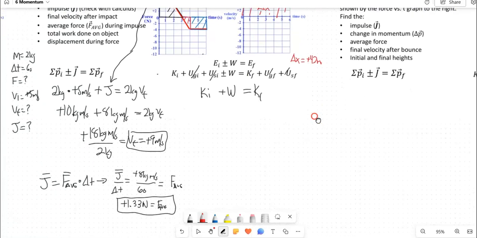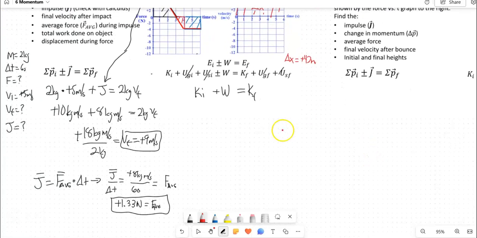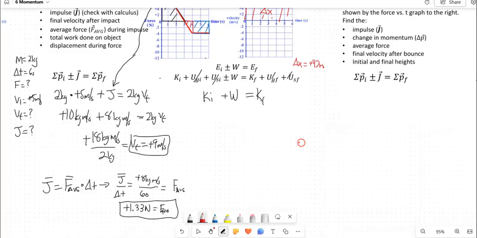Okay, so back to this. If you're a 111 student, you should do it this way. Use the tools that are available to you. So this is going to be 1/2 times 2 kilograms times 5 meters per second that we're going to end up squaring, plus work.